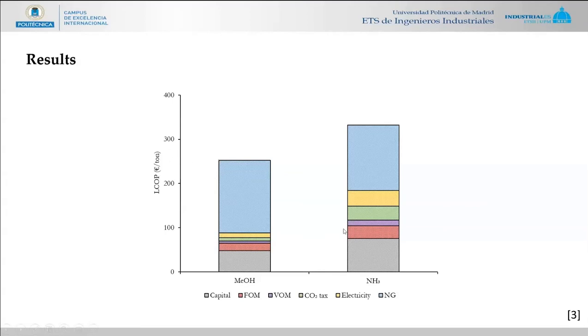And with regards to ammonia, we obtained a levelized cost of 330, which represents approximately 14% cost reduction relative to conventional SMR, ATR, and synthesis. So all in all, results pretty interesting from an economic point of view as well.